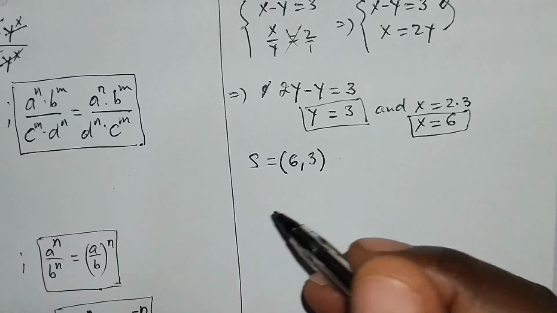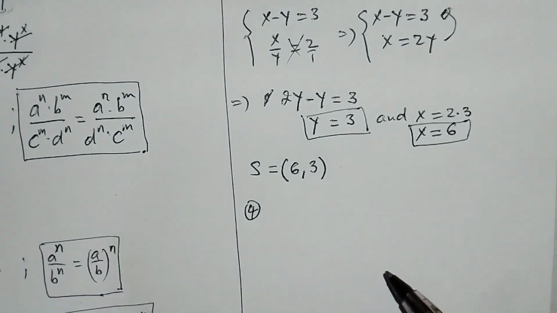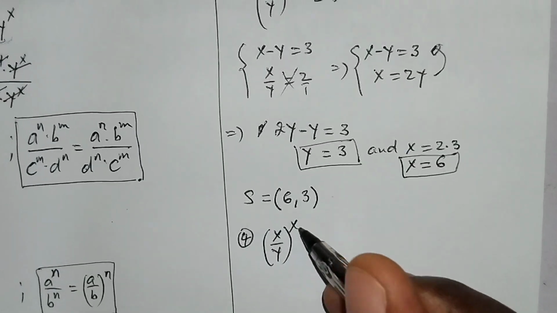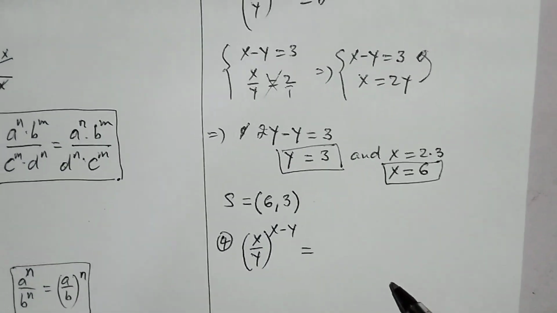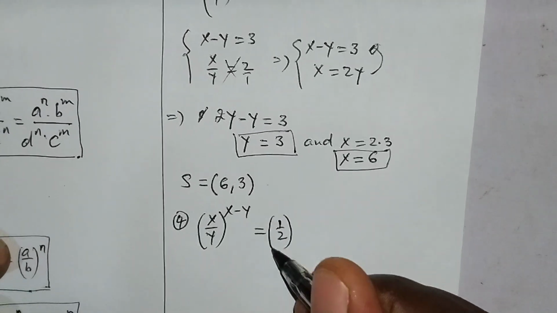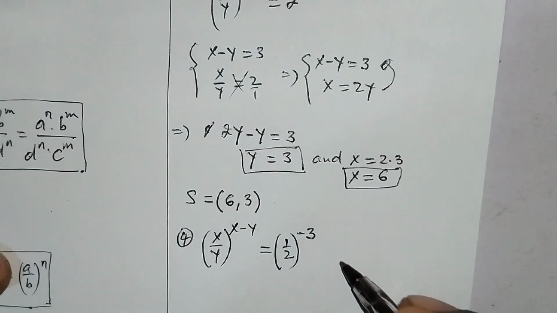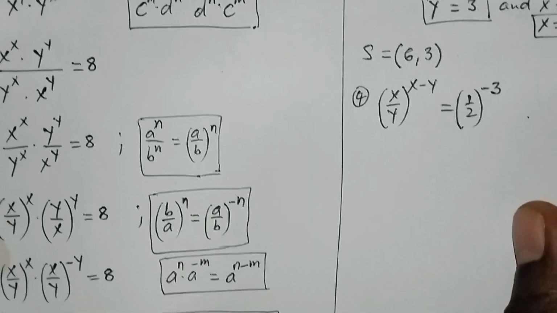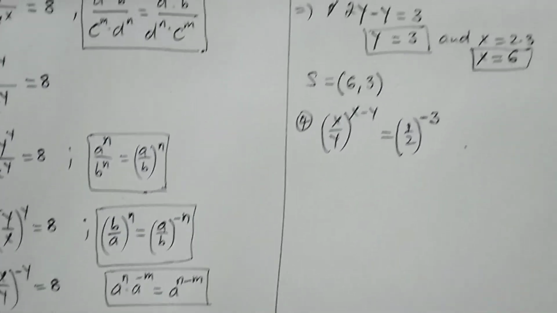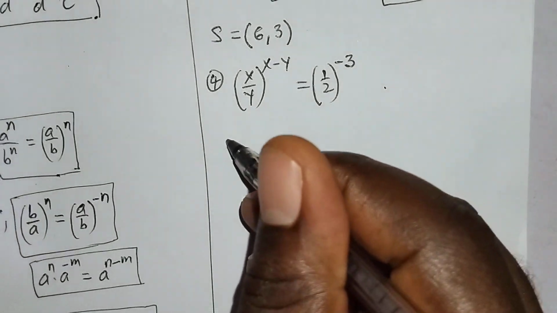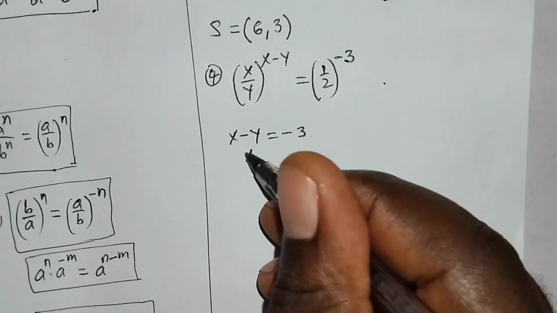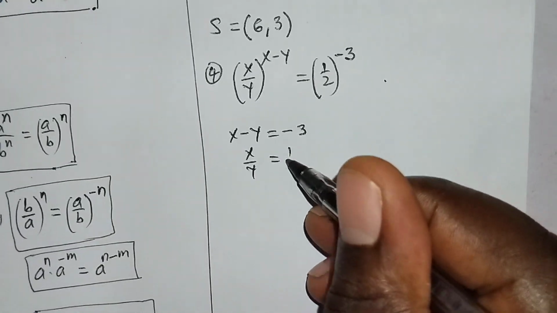And the fourth case is x over y power x minus y, which is equal to 1 over 2 power minus 3, from this formula. So it is x minus y, which is equal to minus 3, and x over y, which is equal to 1 over 2.